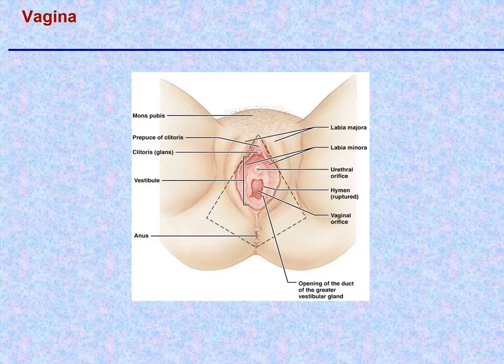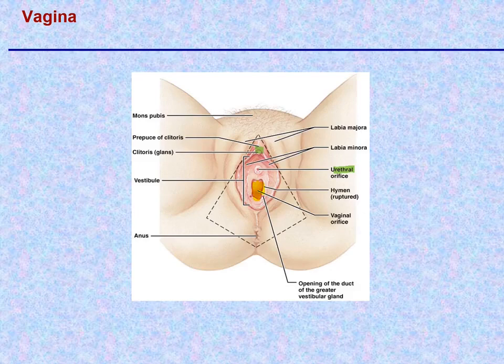Again, not a great diagram. Oh, yes, here we are. So these openings here, this is the opening here of the vagina, and here we have the clitoris at the top. This is the opening of the urethra. And the dotted line is the area called the perineum.